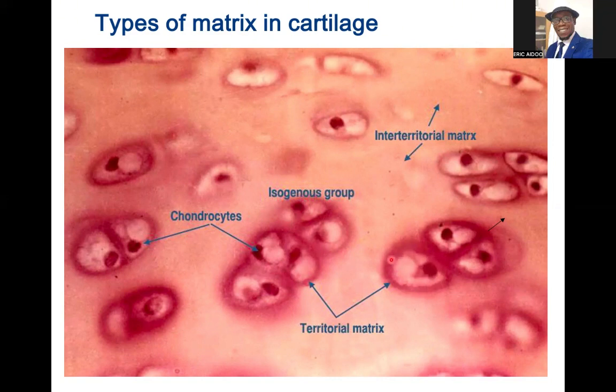Each chondrocyte has its own territory. Then you can also have interterritorial matrix, which means the matrix bounding two or more chondrocytes or isogenous groups. So that is the interterritorial matrix. The matrix is actually the background, the extracellular matrix. It's a connective tissue.